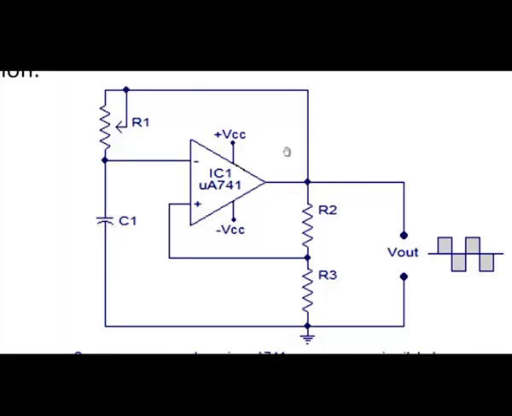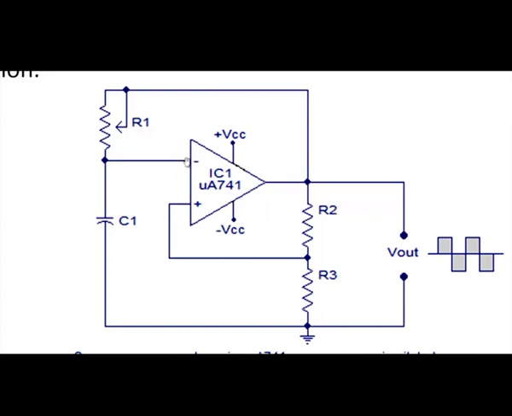In this way, the output transitions between plus and minus V saturation, and according to the output, the capacitor charges and discharges, and the voltage at the positive terminal also varies through the potential divider.